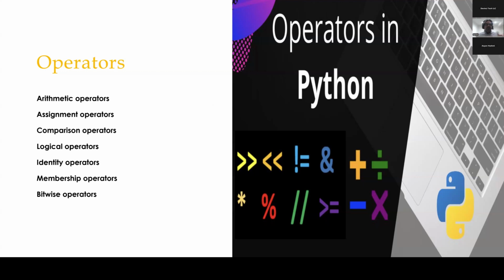If you have one operand on the left side and one on the right, the operator in between tells you what to do with it. If you have a plus in between, you know what to do with it. If you have a minus in between, you know what to do with it. So that's what operators are.